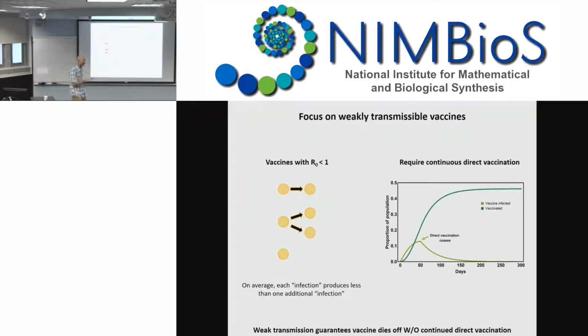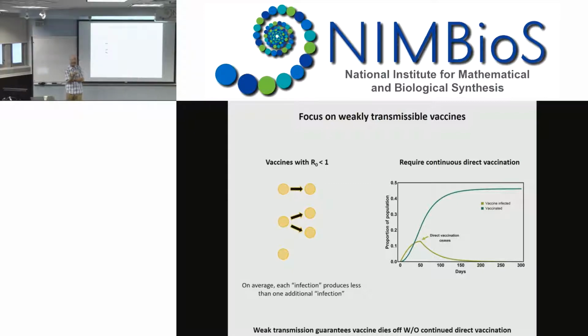The other thing I'm going to do today is try to focus in on a particular kind of transmissible vaccine, and that's a weakly transmissible vaccine. There are a couple of reasons to focus on these, both of which stem from the fact that a weakly transmissible vaccine has an R naught less than 1, so each individual infected with that vaccine will on average infect less than one other individual.